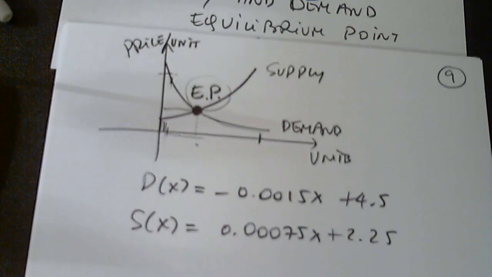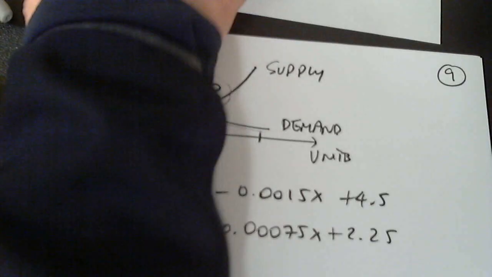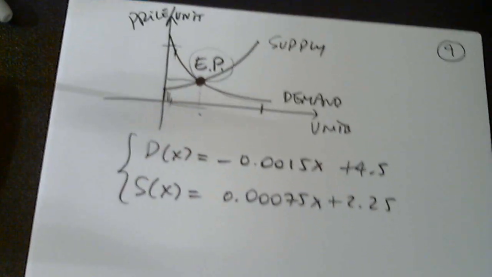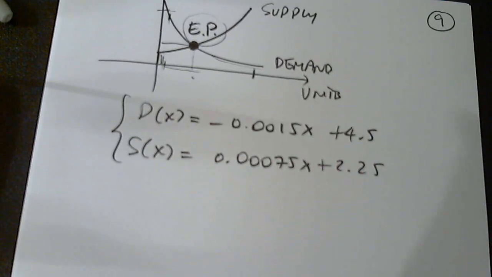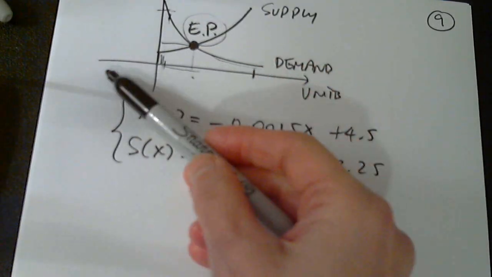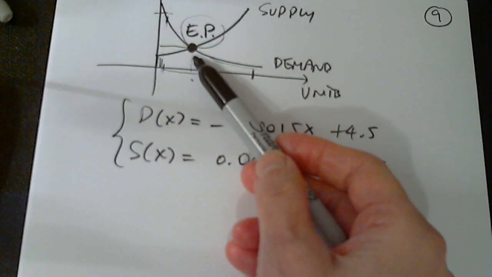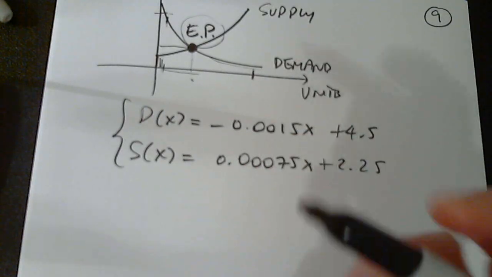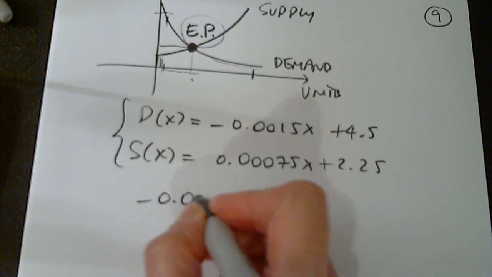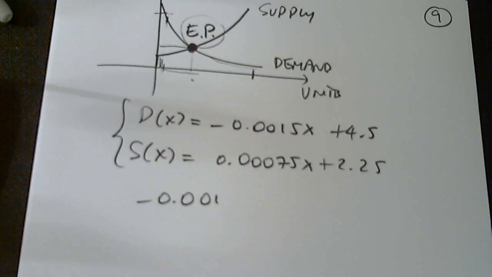Okay, no problem. This is what we've been doing tonight, solving systems. So I set equal, of course, the demand function with the supply function to get the equilibrium point. So we set them equal to each other. So negative 0.00. So there were 2 zeros in there or 3 zeros in the first one. Let me double check.